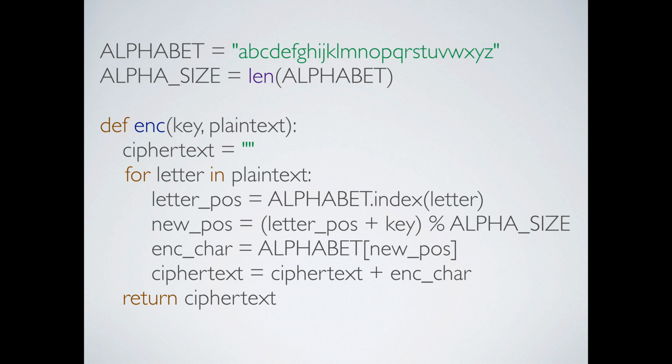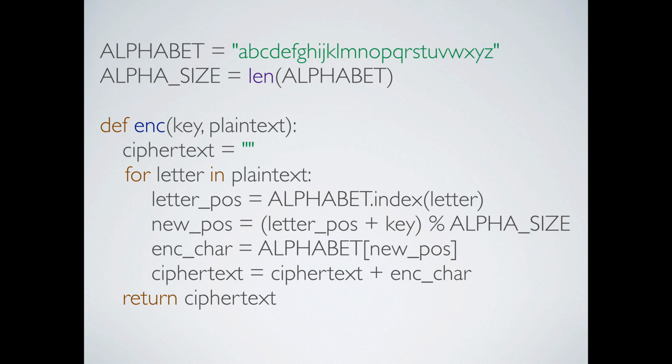So we're building up the ciphertext one character at a time as we go through this for loop. At the very end of the for loop, we will have iterated through the entire plain text, meaning we will have gone through every single letter in the plain text, and we will have built up the ciphertext. So at that point in time, we'll have the entire ciphertext.